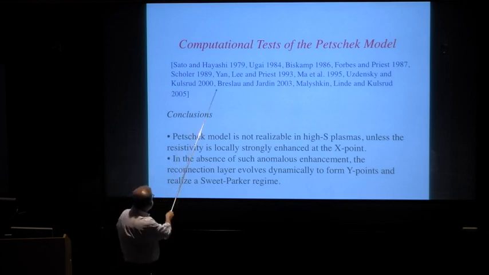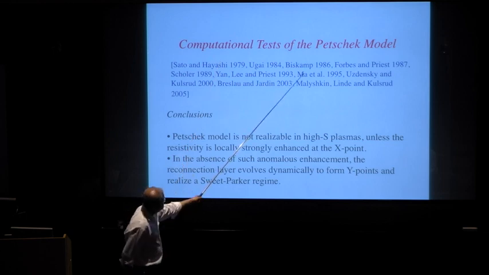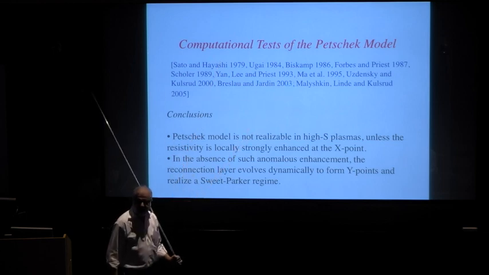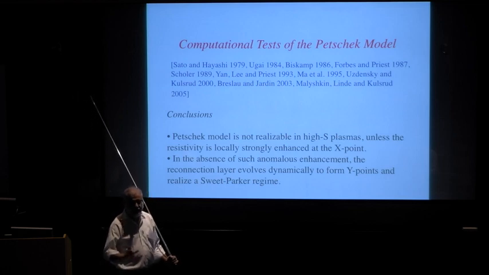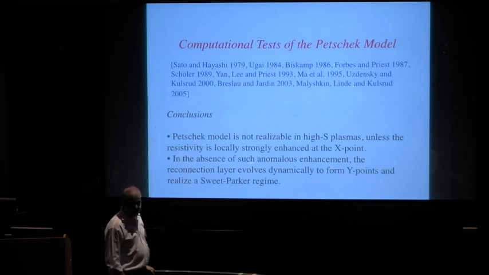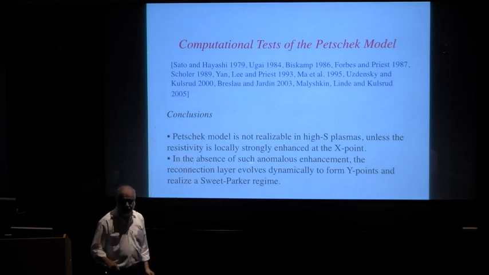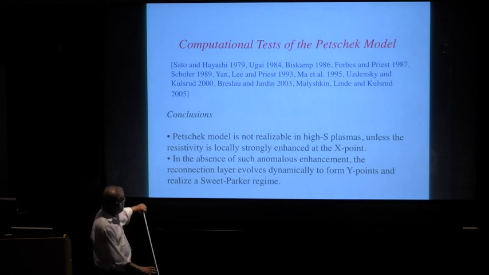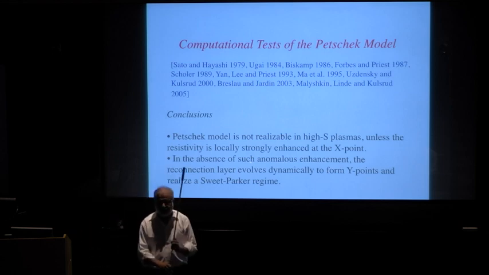And there were rumbles in 1979, but the person who made the greatest difference is Biskamp, 1986, in a classic paper where he did very careful work with an MHD code, running high Lundquist number simulations. And he made the following conclusion. He said, the Petschek model, widely used in the community, is not realizable in high Lundquist number plasmas unless the resistivity is locally enhanced strongly at the X point.